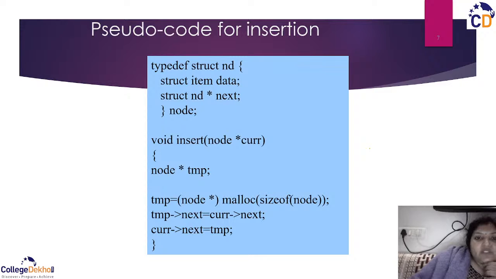You may have a structure, and the structure name is ND, and in this structure you have defined the item data, because we have two fields in our node, the data and the pointer to the next node in the list.